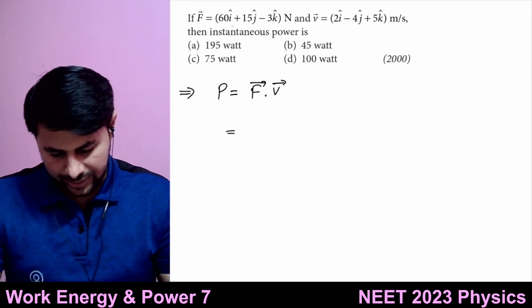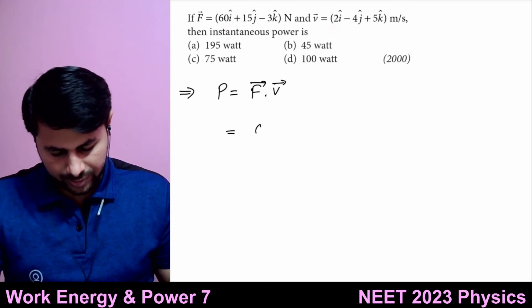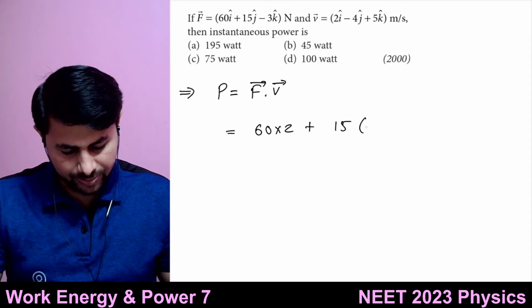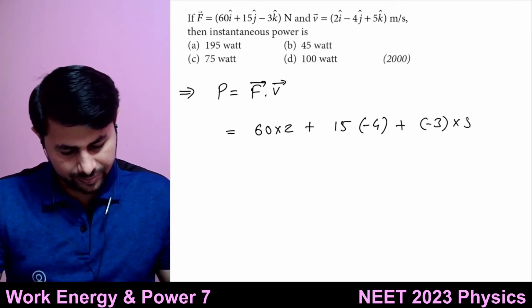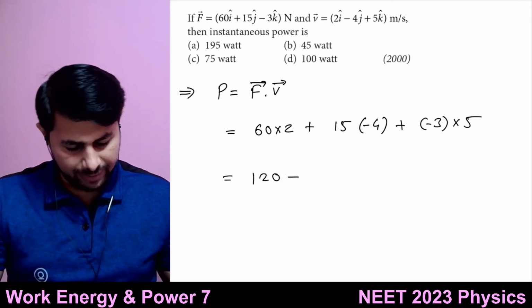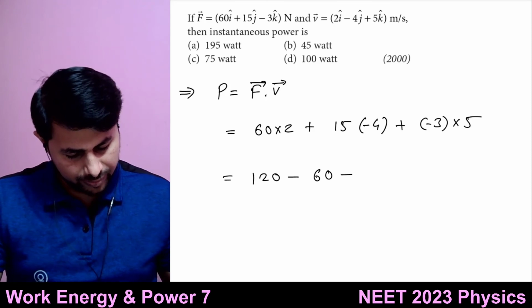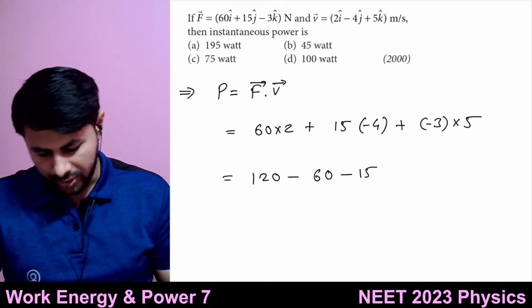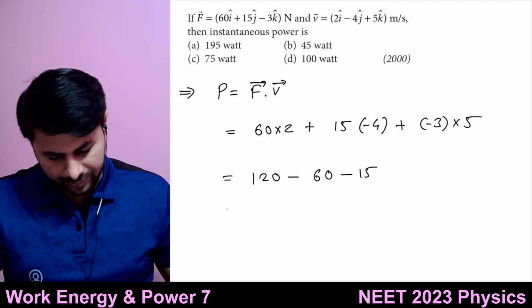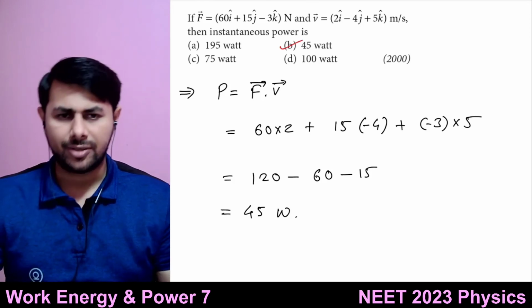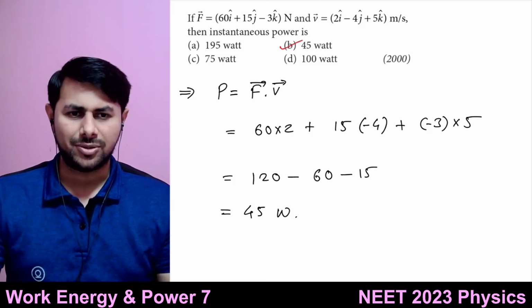So it is 60 times 2 plus 15 times minus 4 plus minus 3 times 5. How much? 120 minus 15 times 4 is 60 minus 15. So 60 minus 15, 45. 45 is the answer. Option B. Yes, very good, Sanjay.